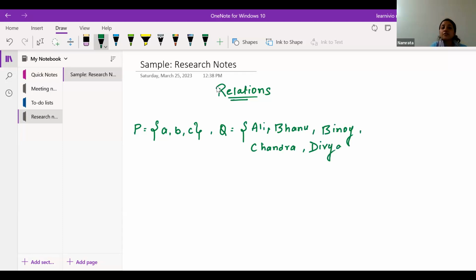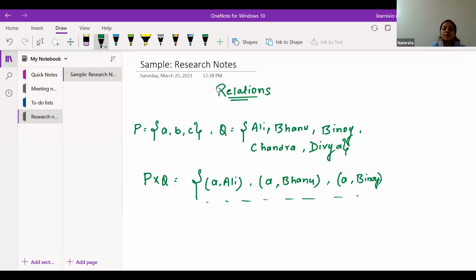So if these are the elements of set Q, then we can write the Cartesian product, that is P cross Q, as the ordered pairs, that is A with Ali. Then we can write A with Bhanu. This one we have already discussed in the previous class, right? A with Binoy.